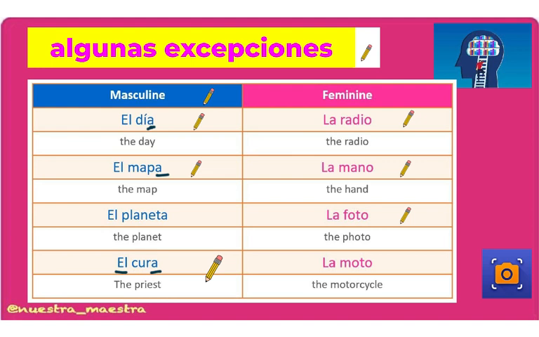La mano, always feminine, meaning the hand. La foto, also feminine. But foto is feminine because it comes from fotografía. It is a shortened version. La moto, another one that is feminine, ending in O. However, it also comes from the shortened version of motocicleta. Take a screenshot as well as the notes on this page.